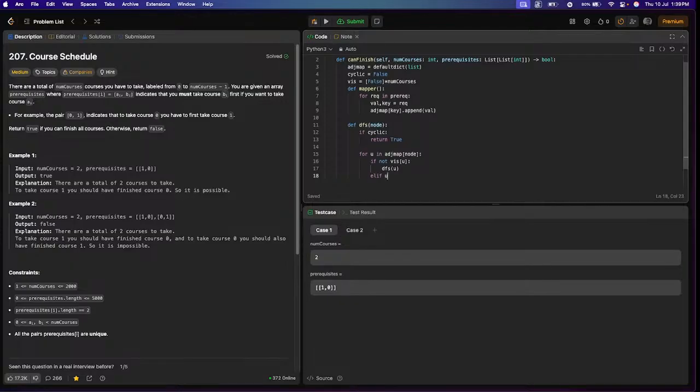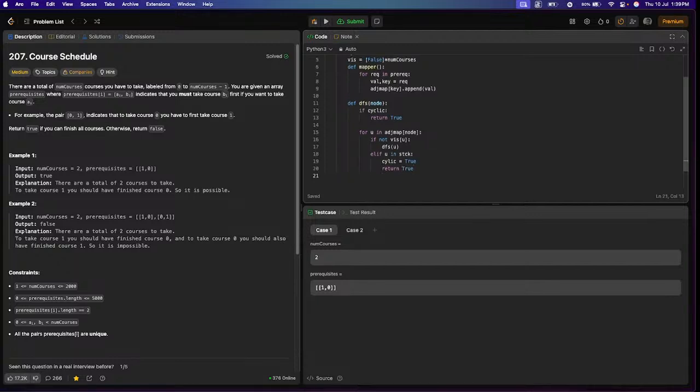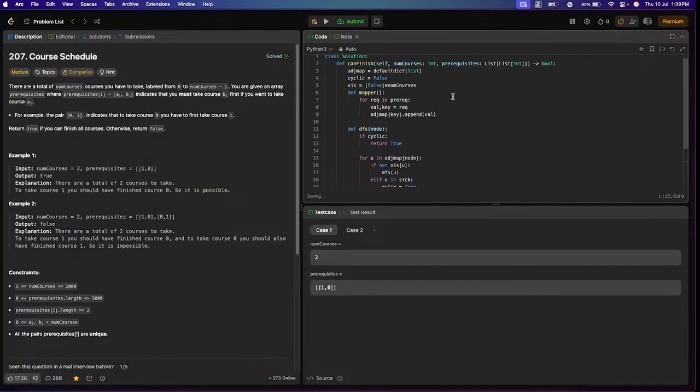If u in stack, then make cyclic as true. There you go. And also just return true in the end, right? That seems fair enough.